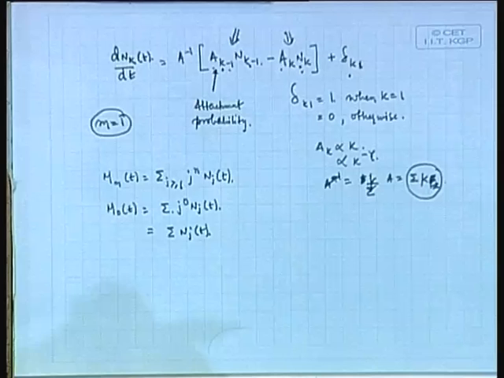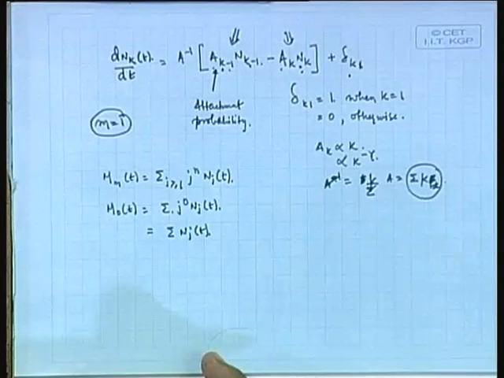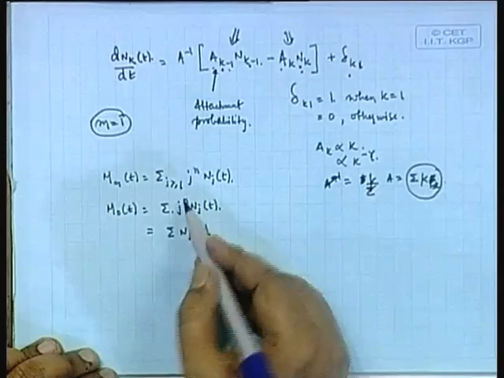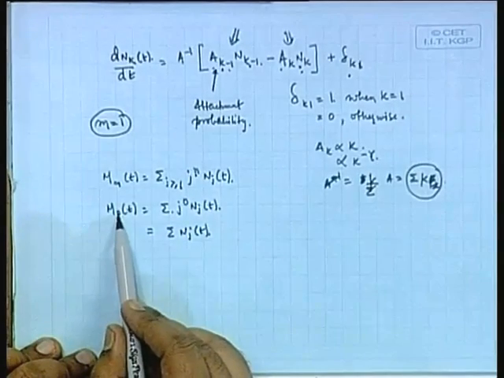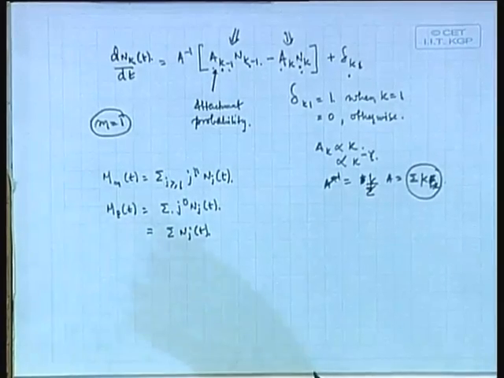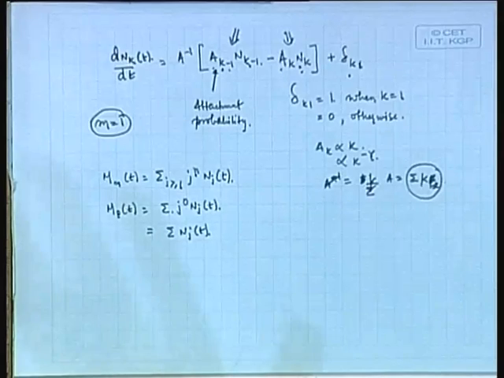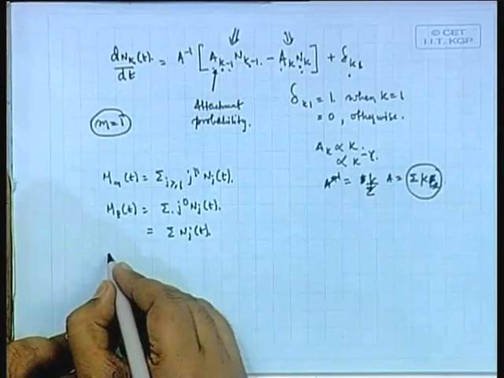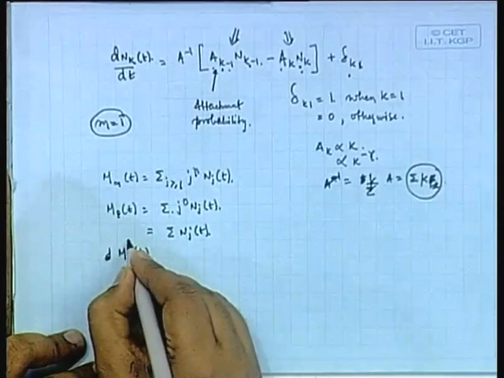Am I with you? Because n is equal to 0, j to the power 0, anything to the power 0 is 1, so I have this. Agreed? Okay.